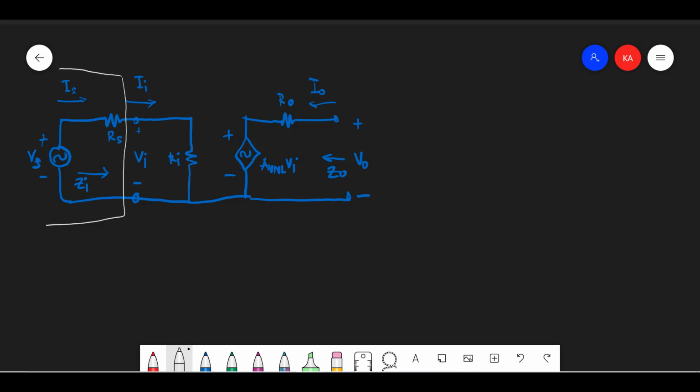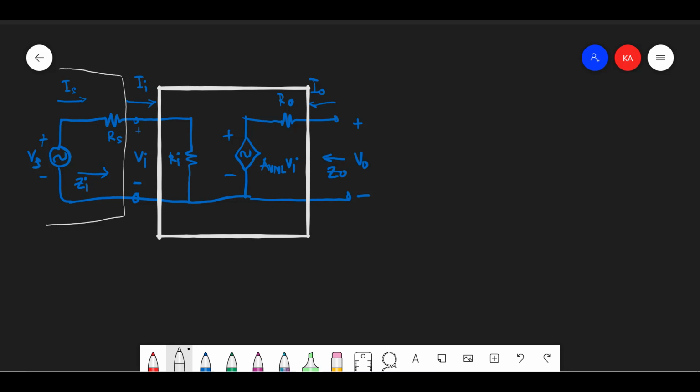So we can represent the signal source by the source voltage and the source resistor. This is our two-port system that we already discussed in part 1.